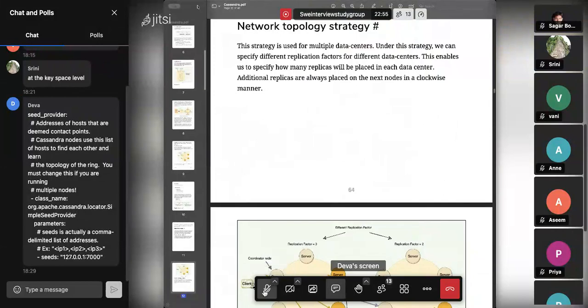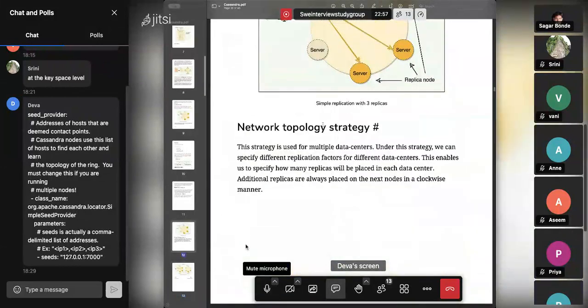What do you mean by seed? Sorry, I didn't get it. What is seed? I read that, for example, when we start one Cassandra node, it will go to the properties file and start to figure out all the connected nodes, right? Because you can run Cassandra on one node.